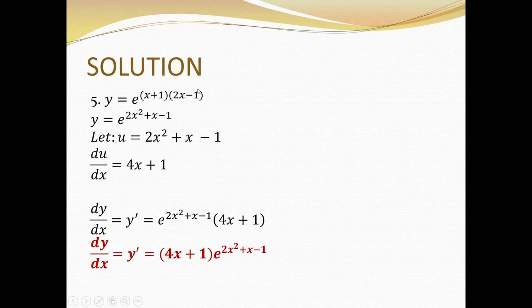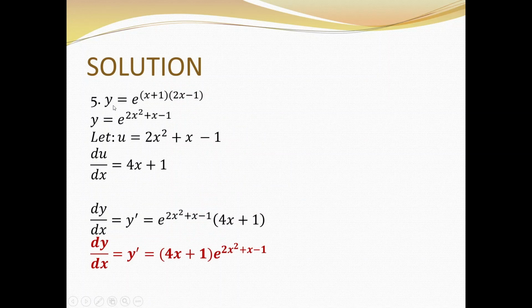So if we multiply the given exponents or power of e, this is now expressed as 2x squared by distribution plus x minus 1. Then we can consider that this is our u, which is 2x squared plus x minus 1. Then finding the derivative of this u, this is simply by power derivative 4x plus 1.